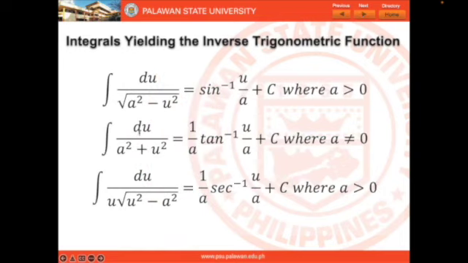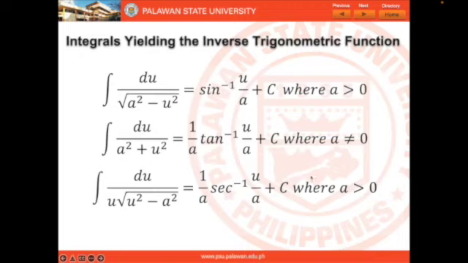The next one is the derivative of u all over a squared plus u squared, which will just be equal to 1 over a, the arctangent of u over a plus c, where a must never be equal to 0. So you cannot use this pattern if you have a du over u squared.